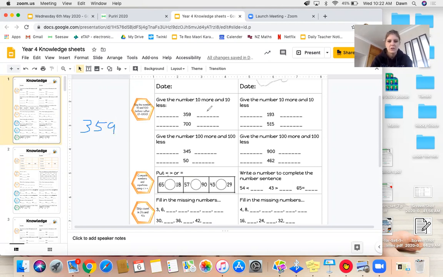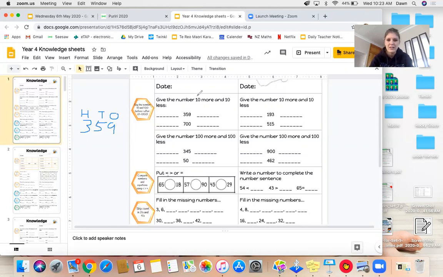So that will be the answer over there for more. Less will be on that side. Okay, so if you look at 358 over here, what I want you to do is just in your head, do the place value letters. An H for hundreds, a T for tens, and an O for all the ones.